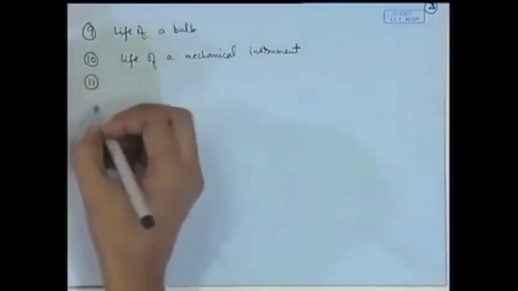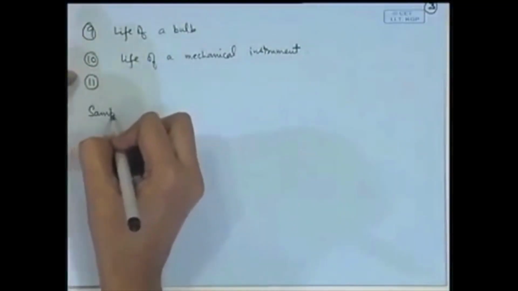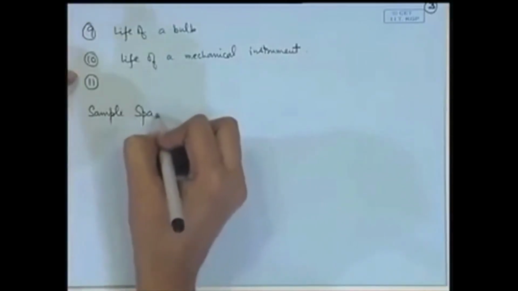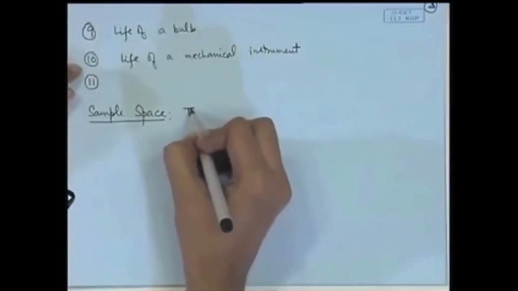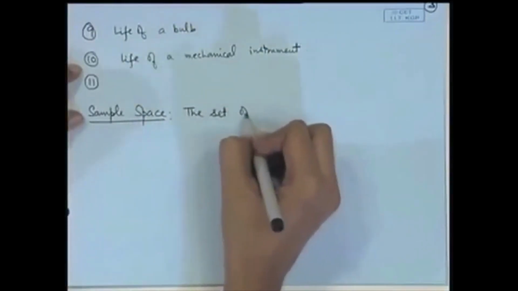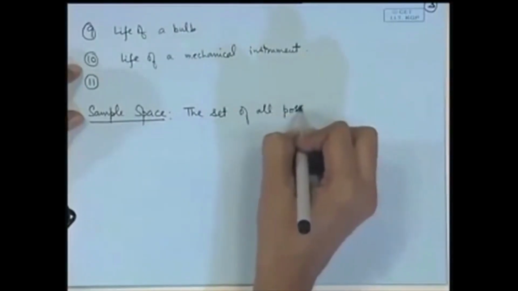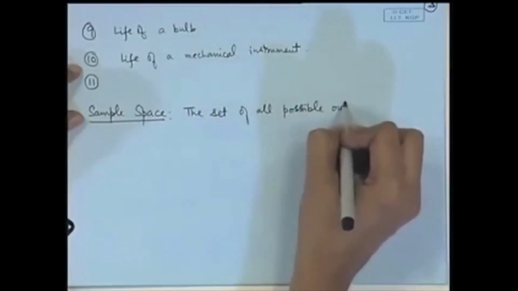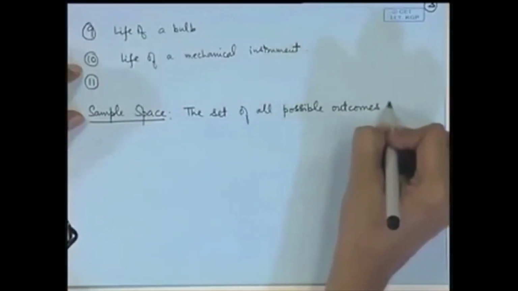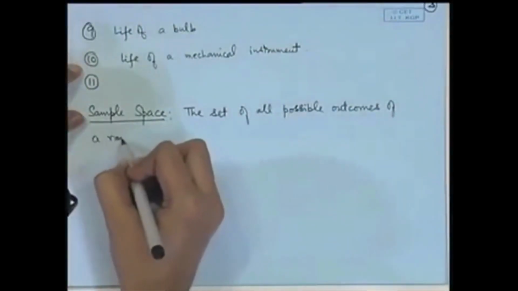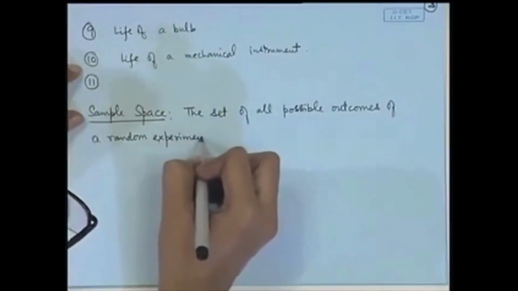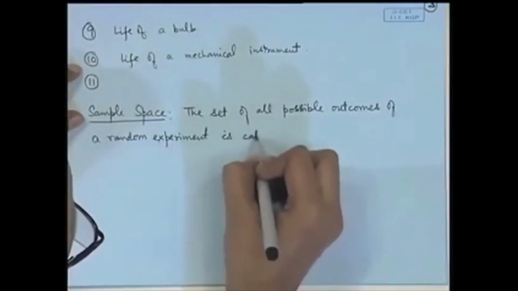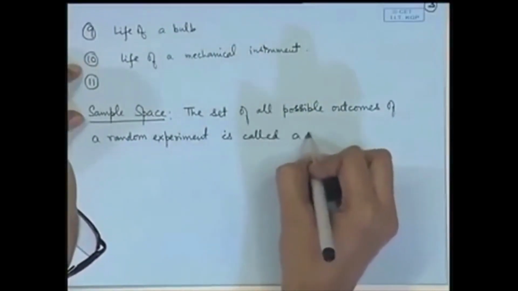The first of these is the concept of a sample space. The set of all possible outcomes of a random experiment is called a sample space.